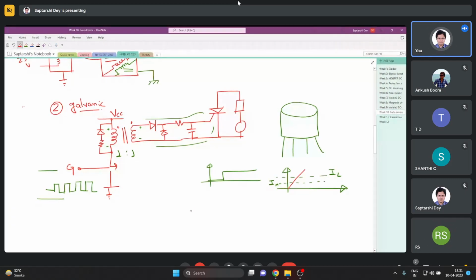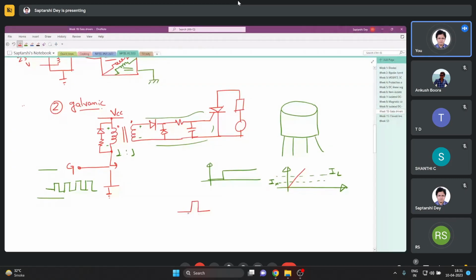So only a calculated small pulse is enough to turn on the thyristor. There is no need of giving a continuous pulse like this. That will create unnecessary loss in the device. You have to keep supplying this power.